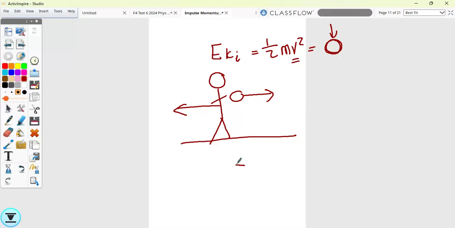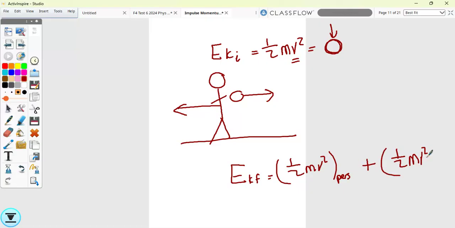But after the collision, EK final is going to be half mv squared for the person, plus half mv squared of the ball. Because they're both going to end up being positive answers, it's going to be a big answer. It cannot be 0 ever after the collision.